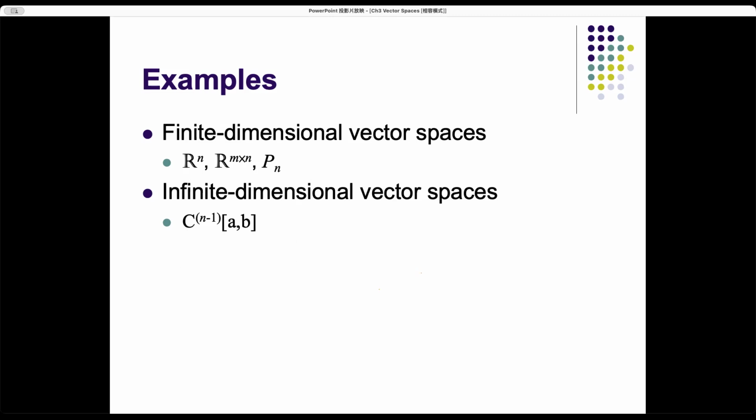There are too many. So if you try to find a basis that spans this, it's going to contain an infinite number of vectors. So that's some examples for the dimension.